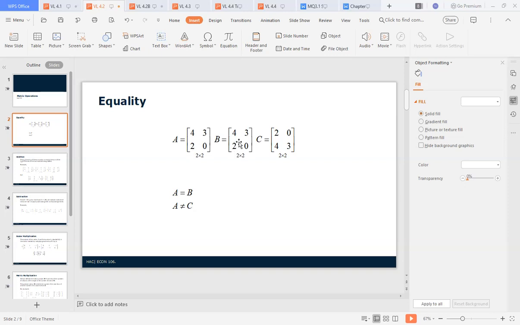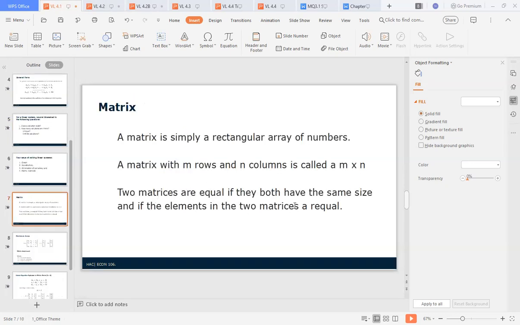Matrix B has elements 4, 3, 2, and 0, and therefore they have the same dimension. They have the same rows and columns, which is a 2 by 2, and the elements present in those matrices as well are the same. I'll go back to this one quickly, class, but I think it is just a good description, a good example to this description. Okay. All right.